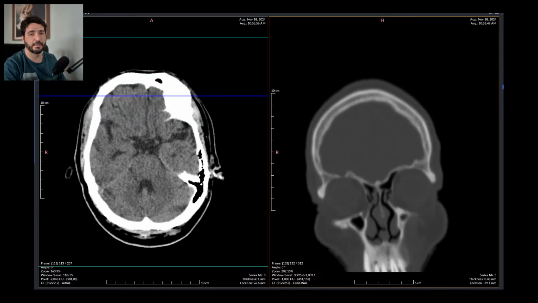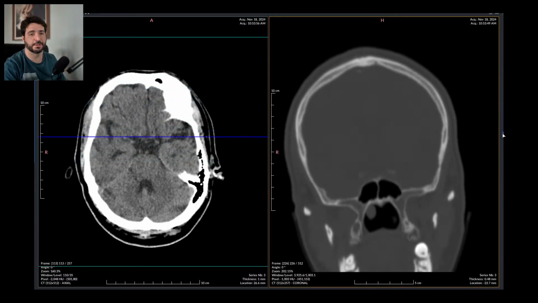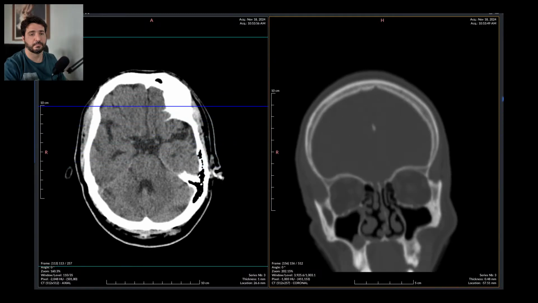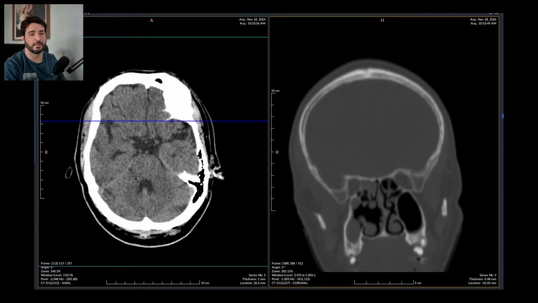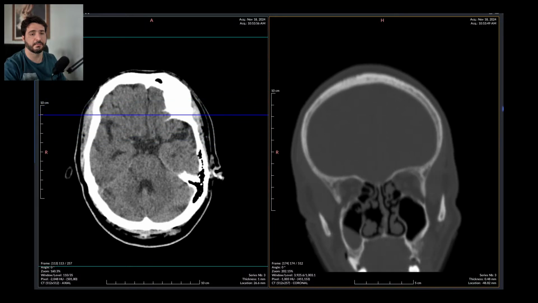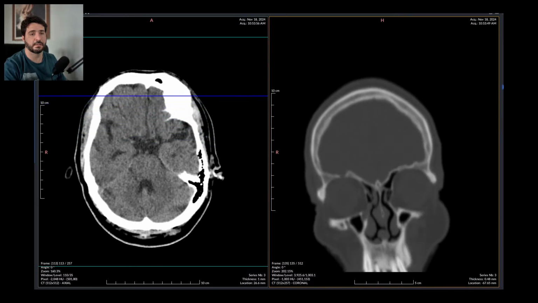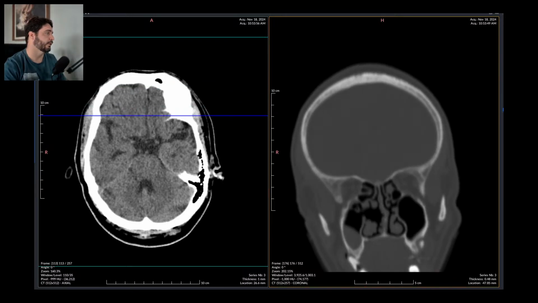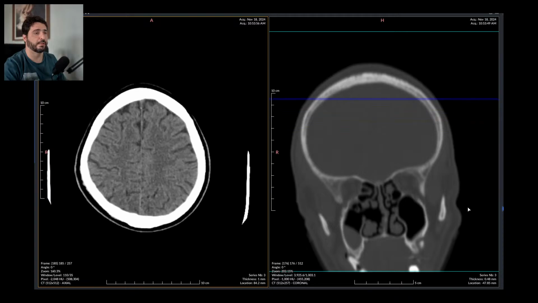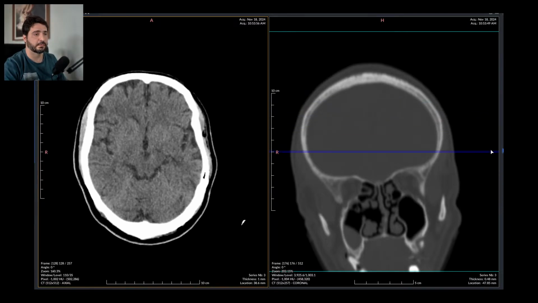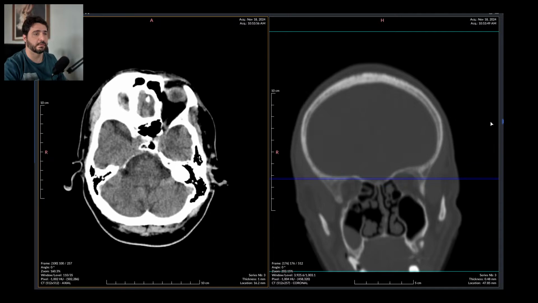So he is indeed a trauma patient. Missing teeth, broken teeth all over the maxilla, sinusitis, and whatnot. So let's just finish this up and go to the next one. There are other calcifications on the vessels. No, so this is almost a normal exam.